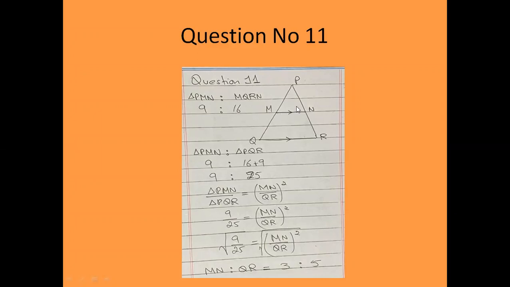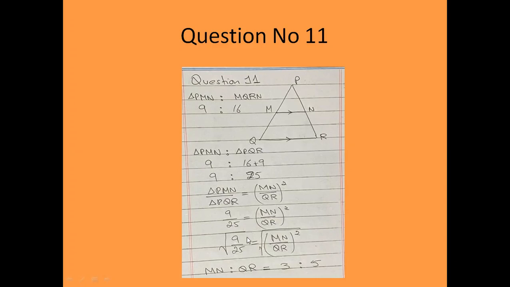And we know that because this small triangle PMN and the big triangle PQR are similar to each other, the ratio of their areas will be equal to the square of the ratio of their sides. MN is the side of the small triangle and QR is the side of the big triangle. So their ratio squared will be equal to the ratio of the areas. So 9 by 25 will be equal to (MN by QR) whole squared.